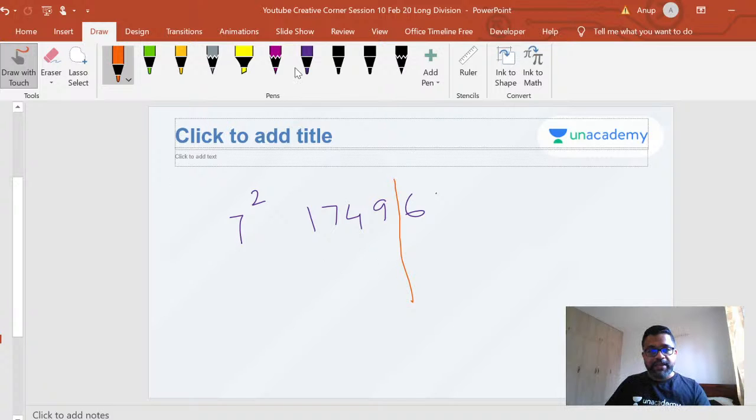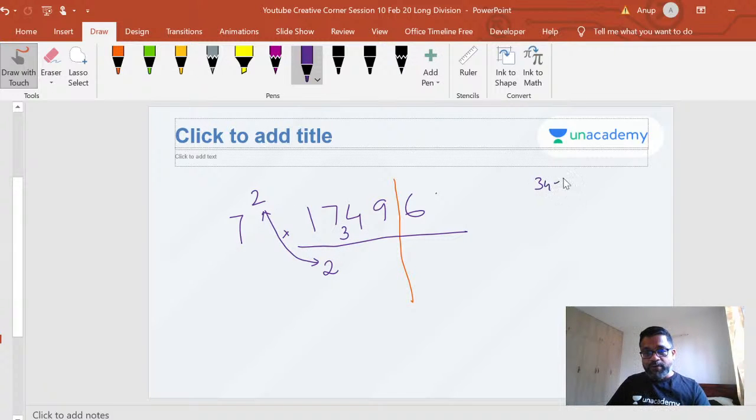Now I take 17 divided by 7. What do I get? 2, remainder 3. My next calculation is going to be, I see this as 34, then I multiply 2 into 2, 4. 34 minus 4, I get 30.